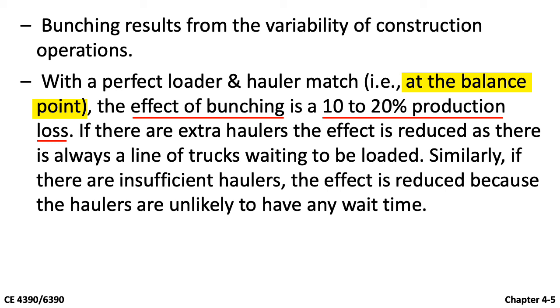So if there are extra haulers, the bunching effect is reduced because there is always a line of trucks waiting to be loaded. So the loader will work all the time and have no idle time. Similarly, if there is an insufficient number of haulers, the bunching effect is also reduced because the haulers are unlikely to have any wait time.